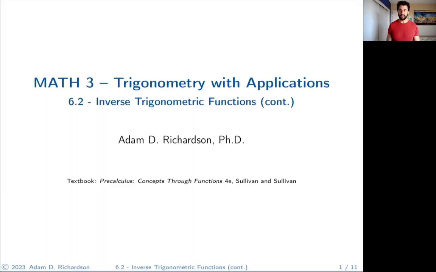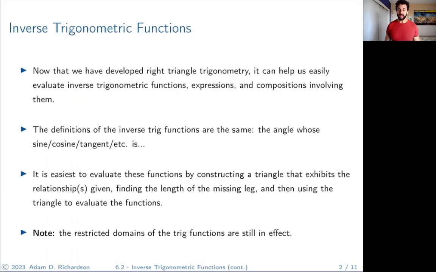Here we go. Okay, so now that we've developed right triangle trigonometry, it helps us do this process much easier. So we can evaluate inverse trig functions more easily with these techniques. The other thing is this, I forgot to mention it on the slides, but you're going to use this technique a lot in Calculus 2. In Calculus 2, there comes a point where you're doing integration and you learn about something called trig sub, or trigonometric substitution.